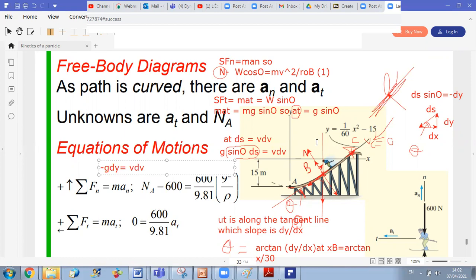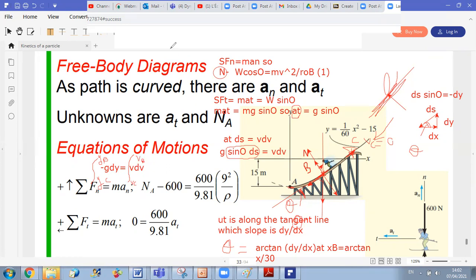For example, if I am going from point C to B and I know the condition at C, I can integrate between y_C and y_B on this side, and on the other side between the velocity at C, which is given, and the velocity at B. Then I can find the velocity at any location I want.